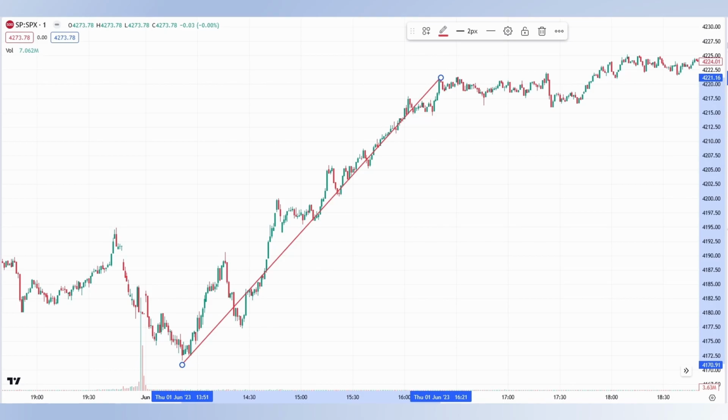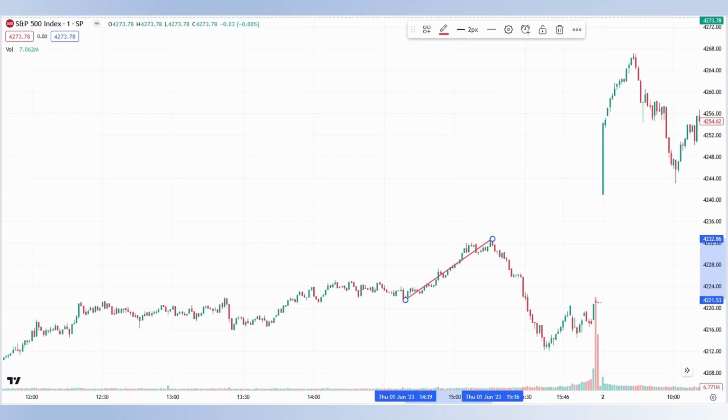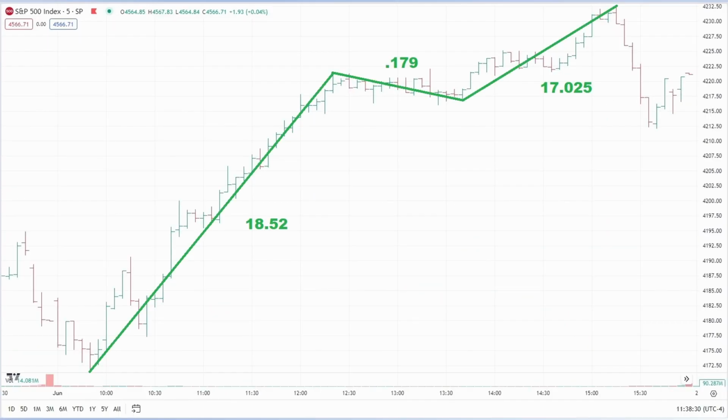This was the first move, this was the second move, and this was the third move. We analyzed that in part 1. These are the angles from them: 18.52, 179, 17.025. These angles on the June 1 analysis hovered around the 175 area. The decimal placement does not matter at this point.